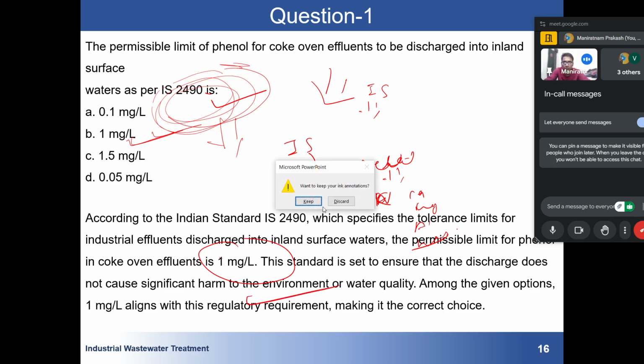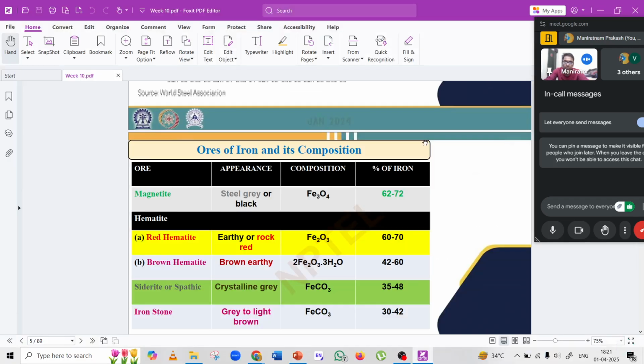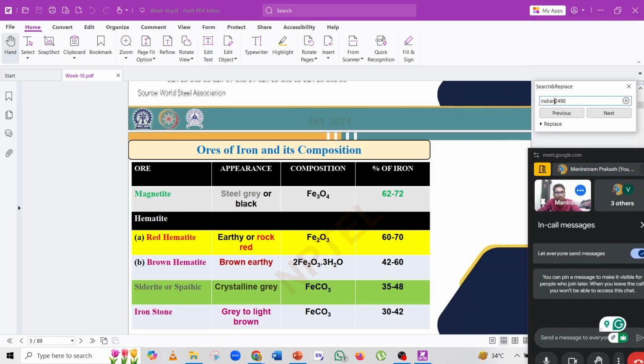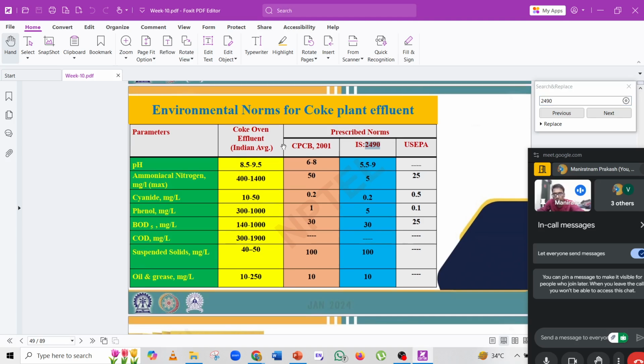Now I will go through the PDF, that is IS 2490. Control F, 2490. You can see CPCB is also here.